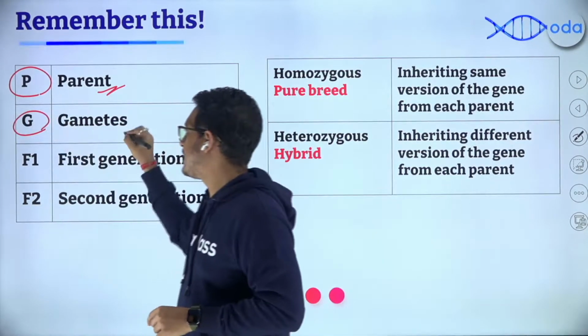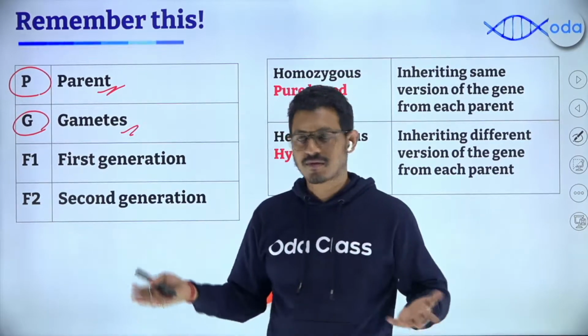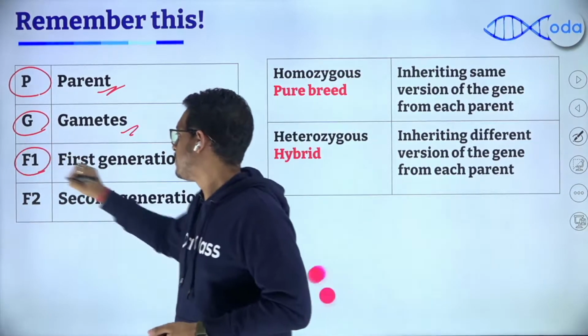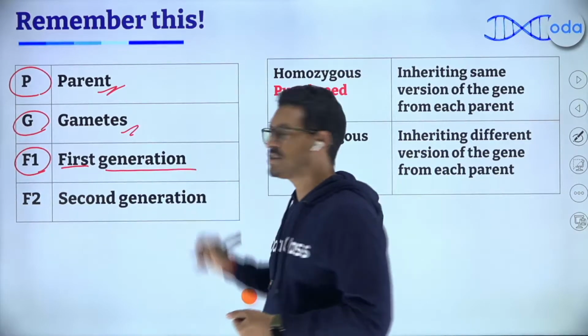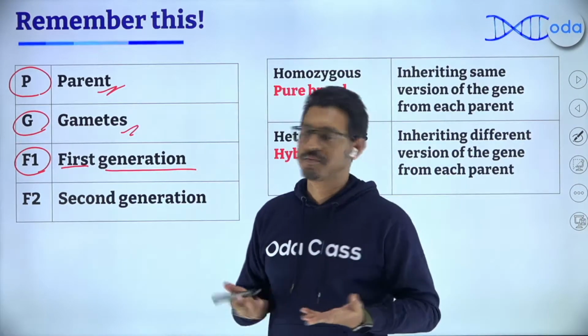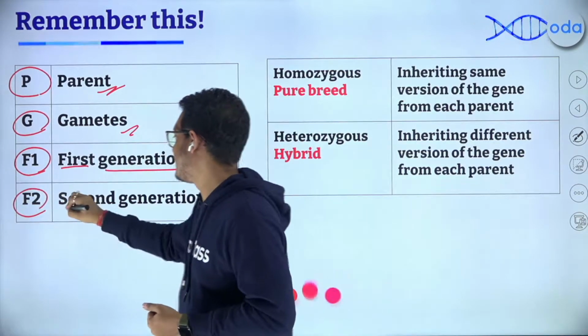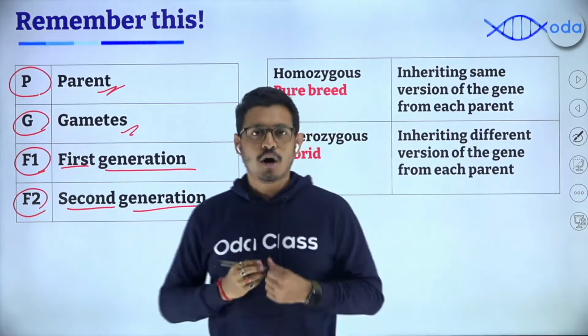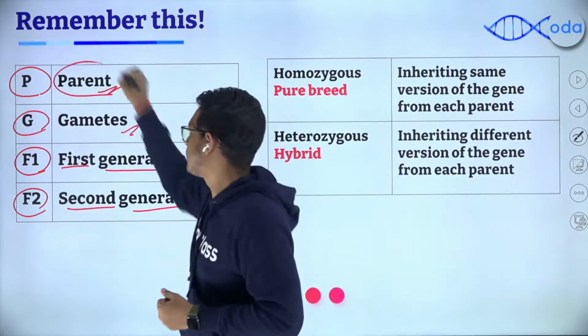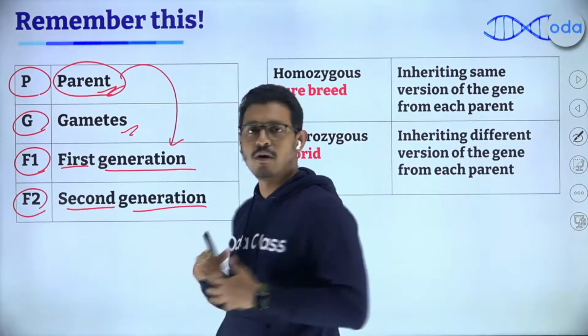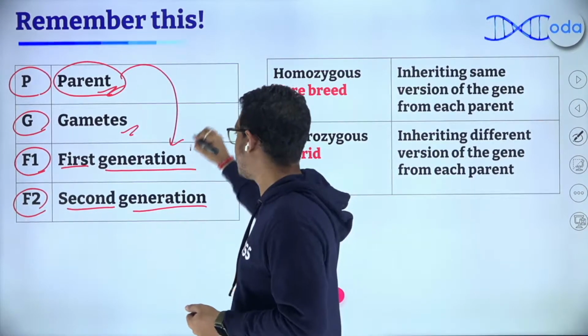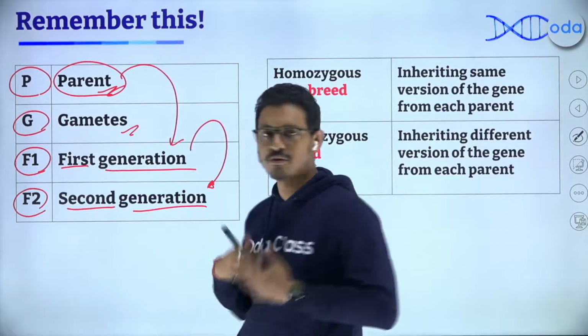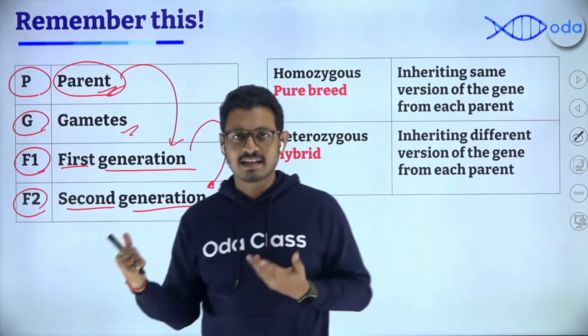G, on the other hand, indicates gametes that are going to be produced from the parents. F1 usually means first generation of the progeny or offspring, whereas F2 usually indicates the second generation of the offspring. When the parents mate, they will form the first generation, and then we will take some siblings from the first generation and do another cross to find the second generation.